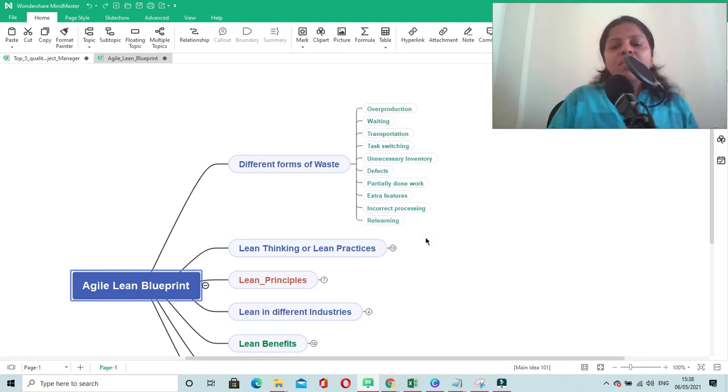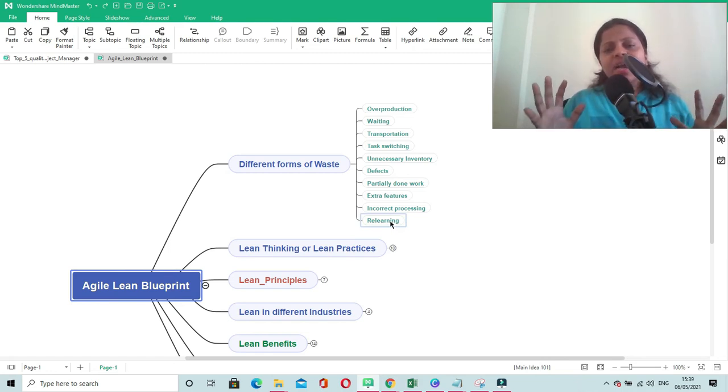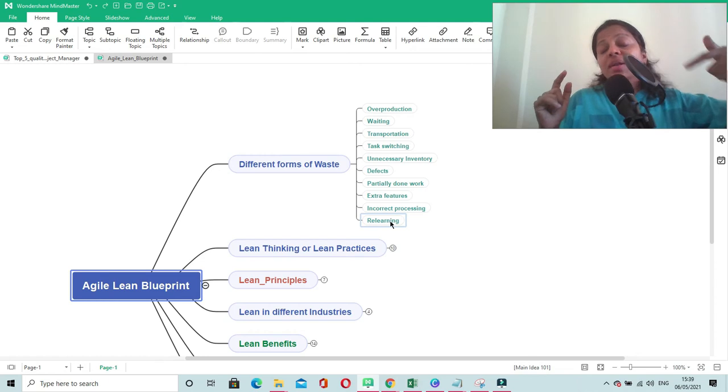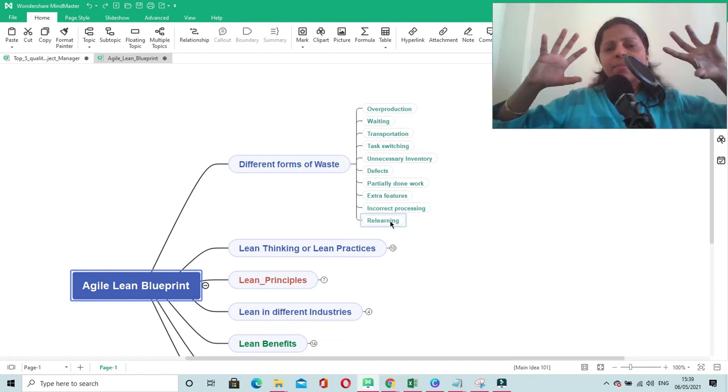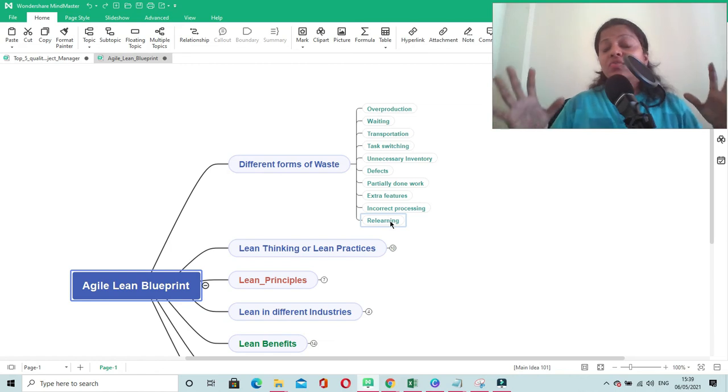The next form of waste is relearning. When you make some mistake, and you learn from that mistake, then you have to remember what the workaround was and what the permanent solution was that you implemented. And you can think of maintaining a known error database in your project so that it will be beneficial for other project team members and the new members who will come into your project.